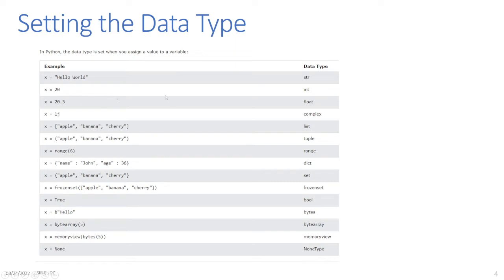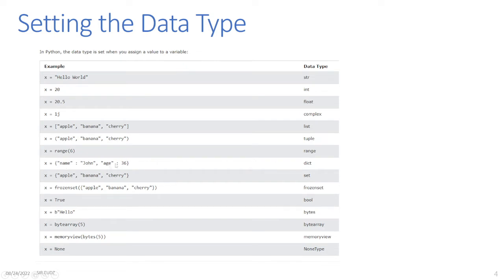If you have x equals 20, that will become an integer. x equals 20.5, that's float. x equals 1j, that's a complex number. x enclosed in square brackets is a list. x with parentheses and several items is a tuple. x equals range 6, that's a range. x with curly braces is a dictionary, or dict, where we have a key and then the value.